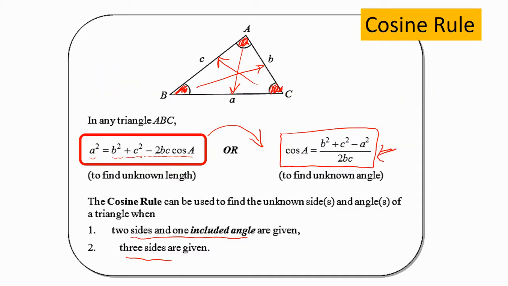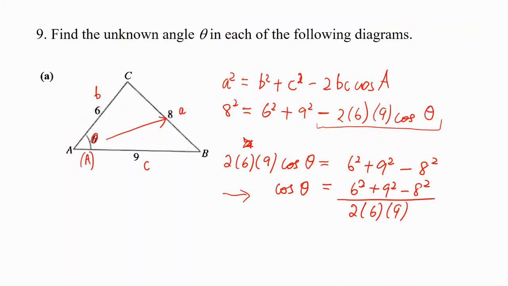You can directly apply this formula, or you can just remember the first formula and derive the second one. So now, to find theta, we key this into the calculator and take the cosine inverse. And our answer will be 60.6 degrees. For angles, we round off to one decimal place.